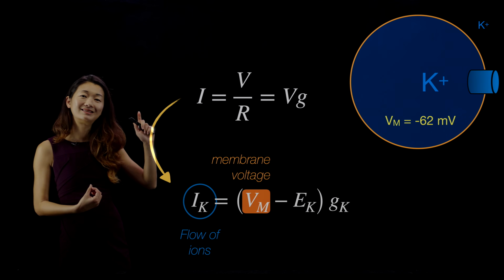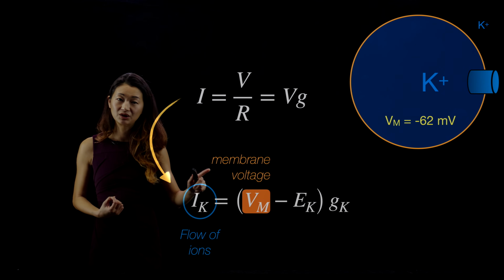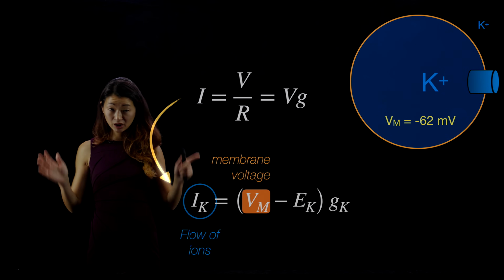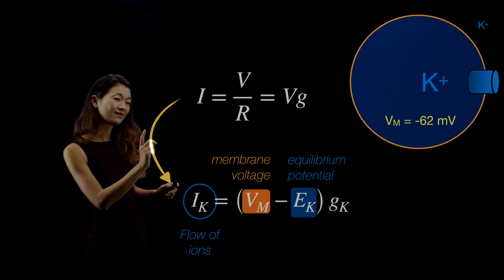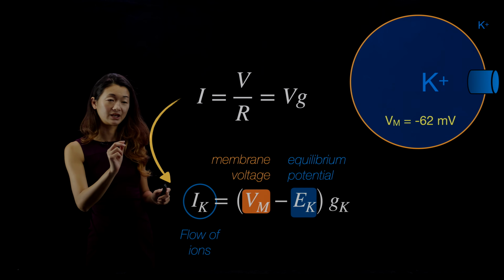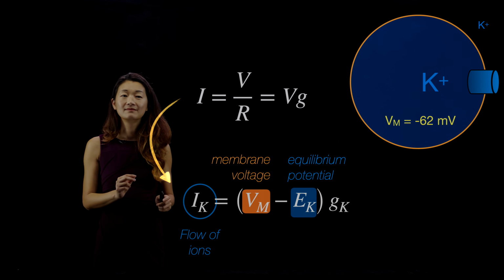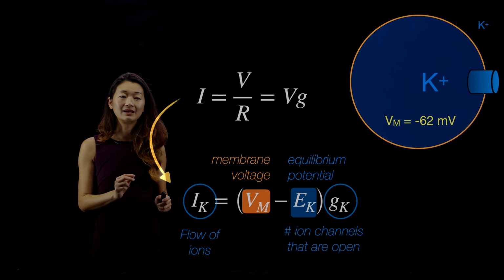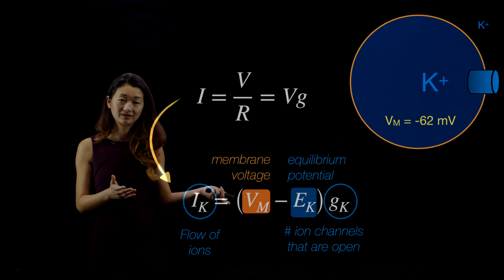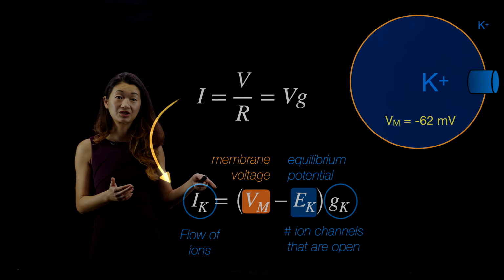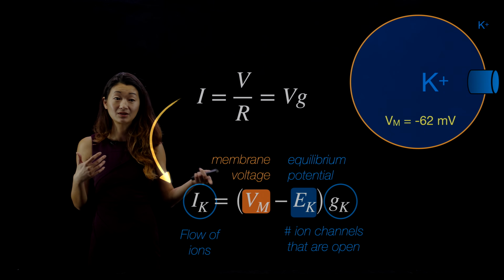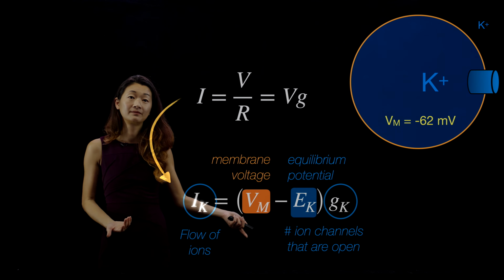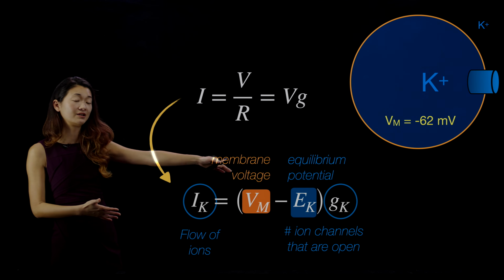So here, it's the difference between the membrane voltage, whatever the current membrane voltage is, and the equilibrium Nernst potential of that ion. And G sub K is the conductance of potassium, which, since the only way potassium can go in and out of the cell is through ion channels, is also the number of ion channels that are open. Okay, so those are all the ingredients of this equation.